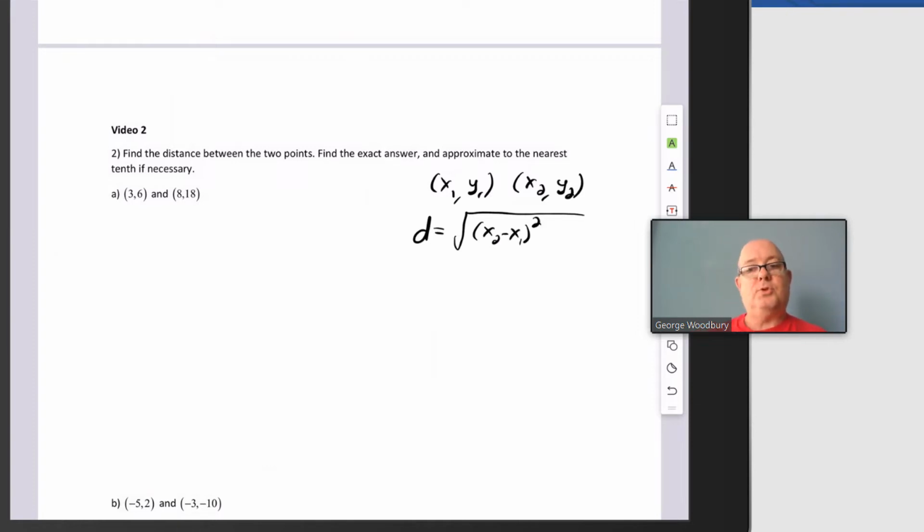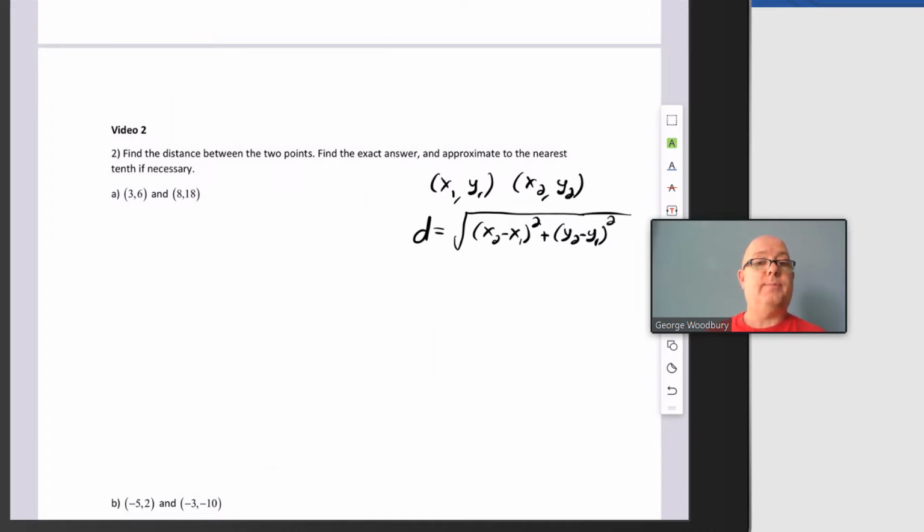That's the distance between the x coordinates squared, plus the same thing with the y coordinates, parentheses y2 minus y1, close parentheses, squared. So we find out how far apart the x coordinates are and the y coordinates are. We square those distances, add it together, and then take the square root.